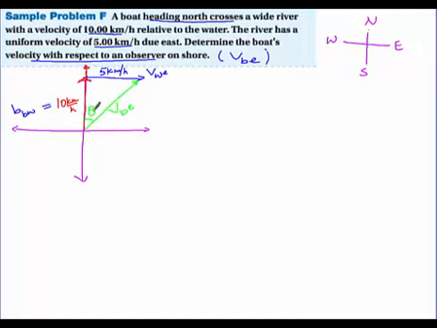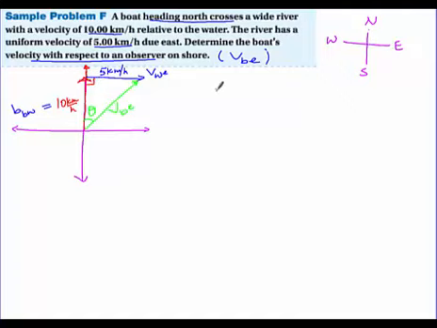From the rule of trigonometry, or the Pythagorean theorem, this looks like a right angle triangle. It forms an angle of 90 degrees here. In a right angle triangle, the sum of the squares of the two sides is the same as the square of the hypotenuse.